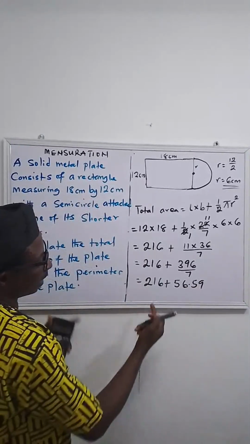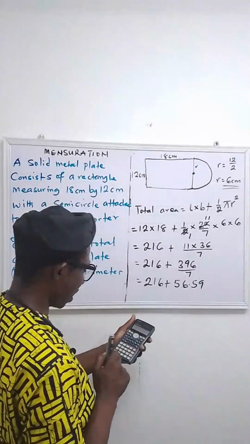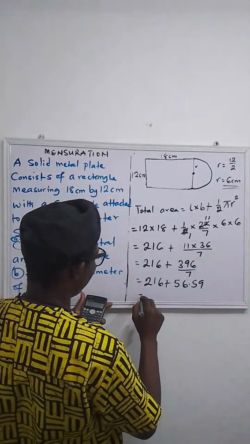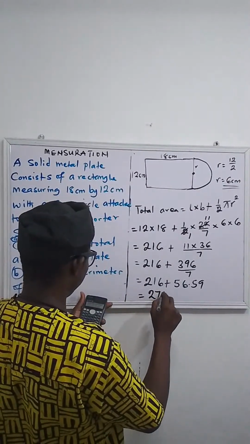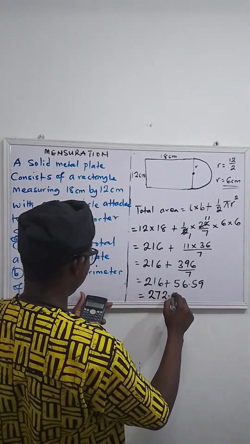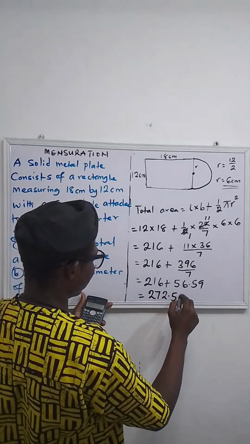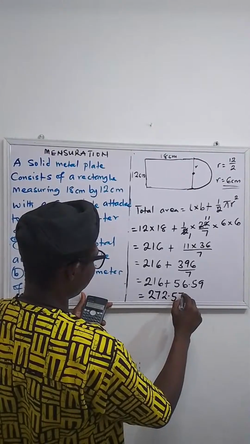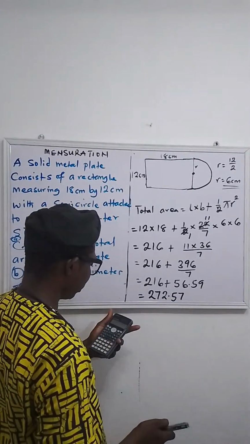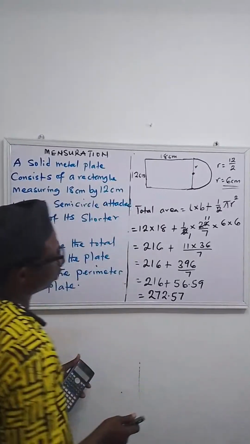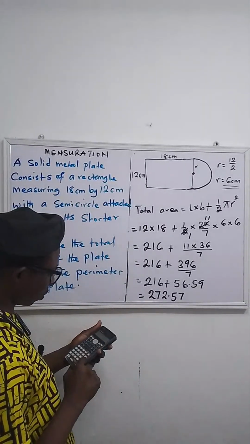All right, so you can add together. When you add that with 216, what do you have? You have 272.57. All right, so that is what we have.